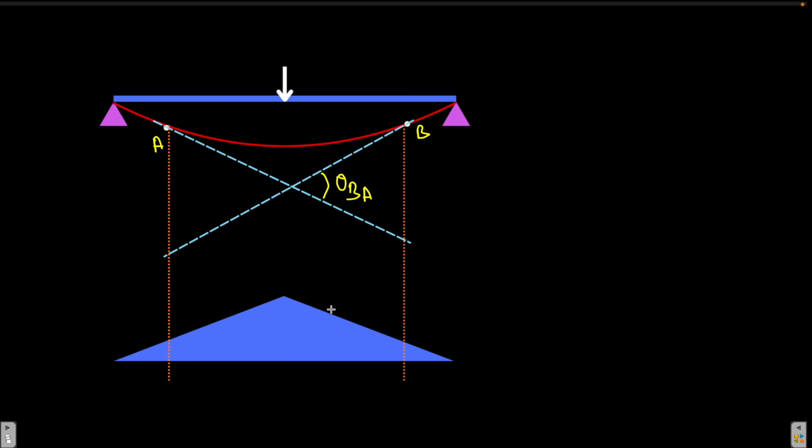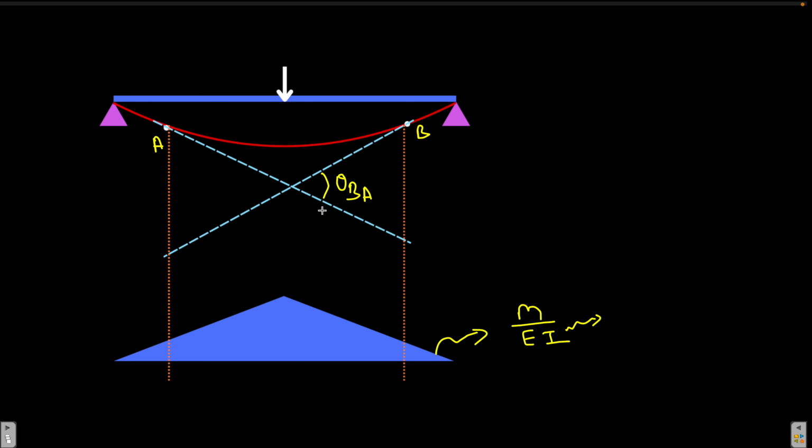What is this? This is the moment diagram. If you divide this moment diagram by the flexural rigidity of the beam, you get the M by EI diagram. Now the M by EI diagram is exactly the same as the moment diagram, except that you have to divide it by EI, which will reduce its ordinates.